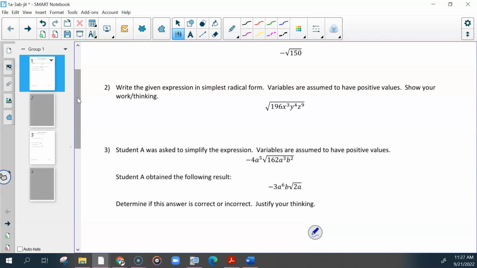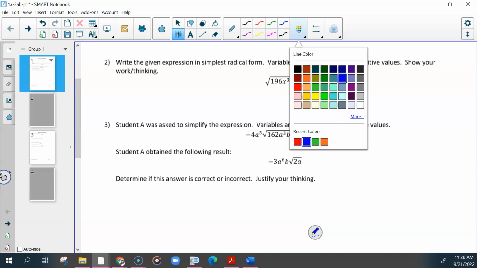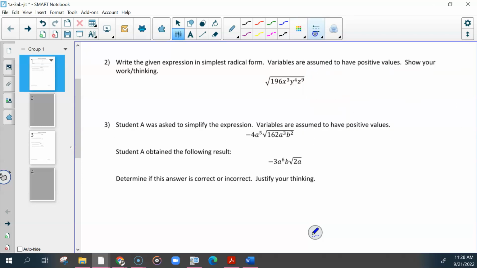Alright, so if we're doing this, do we want to use perfect square or factor tree method? Anyone? Okay. So give me 2 factors of 196. 14 and 14.